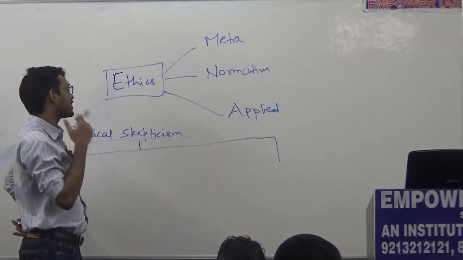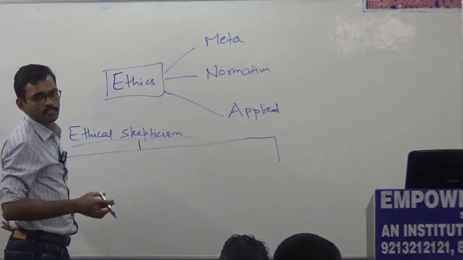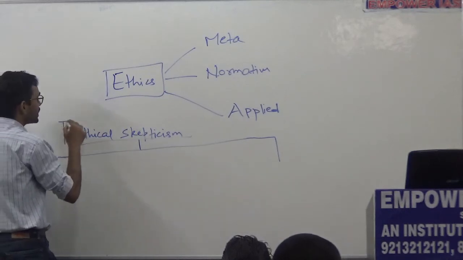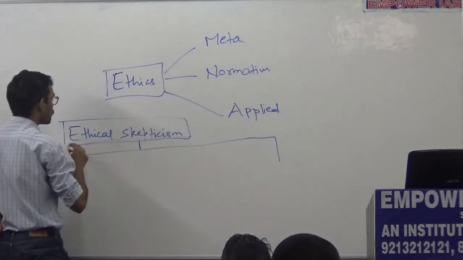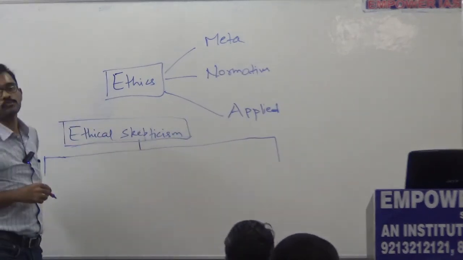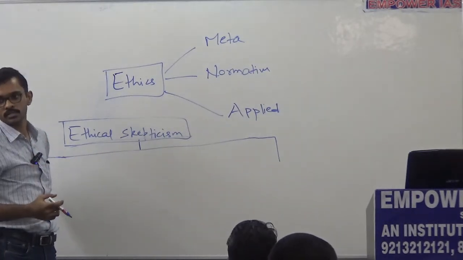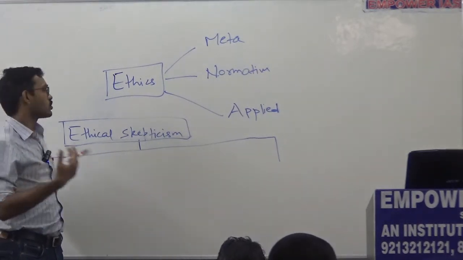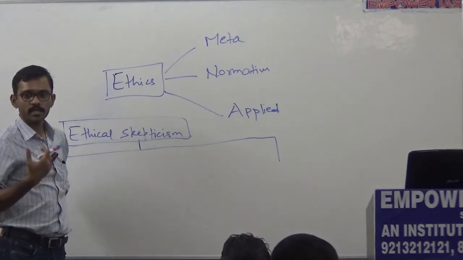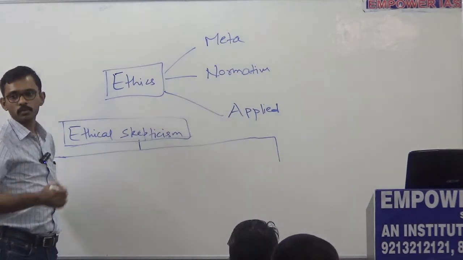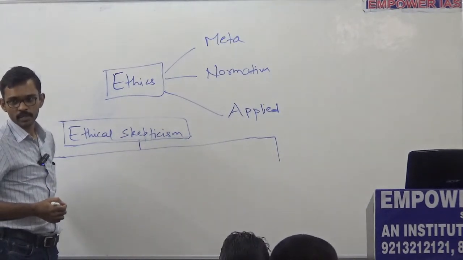They reject a particular philosophy. Ethical skeptics are those people who believe that it is not possible to follow ethics in human life. They are skeptical, cynical about ethics. So ethical skepticism is a philosophy that believes that it is not possible to follow ethics in human life.